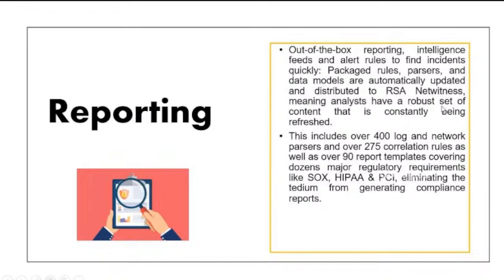These things will happen if your RSA head server is connected to the internet. But in banks and some government entities, for security purposes, they do not have internet connectivity on these servers. They work offline, so these will not be available. But reporting rules and incident rules can be manually created.